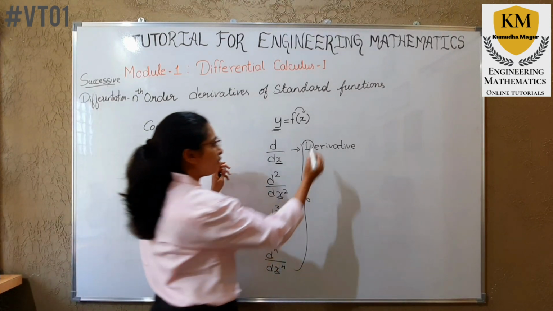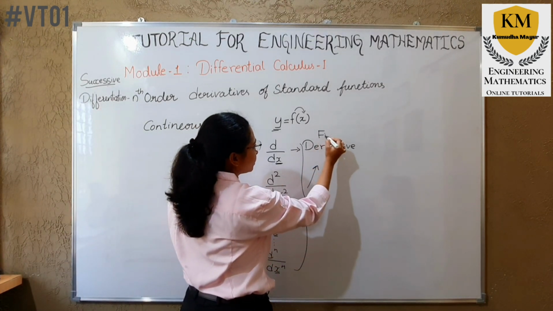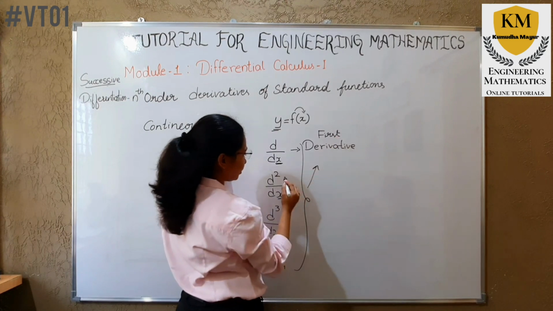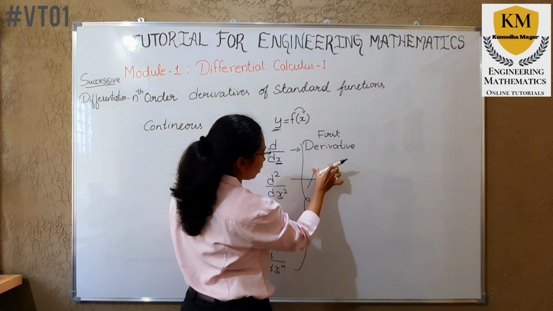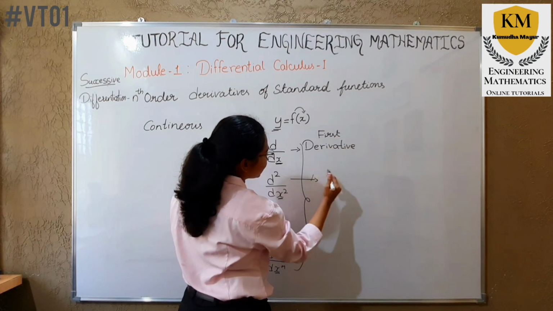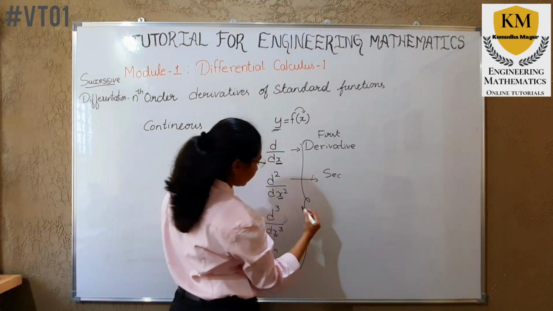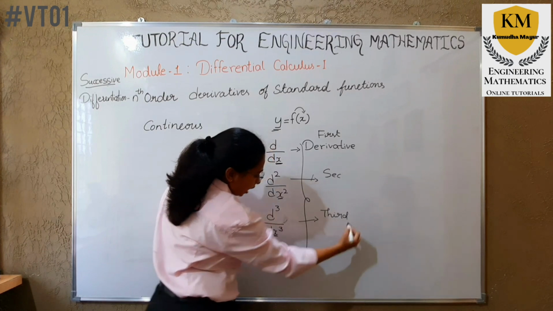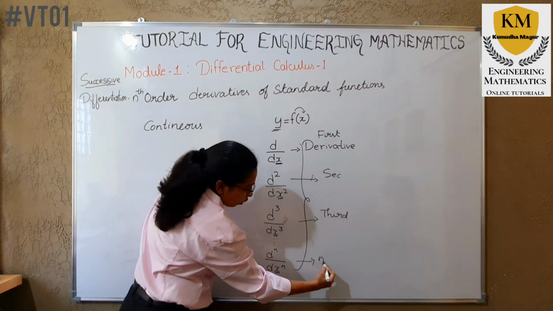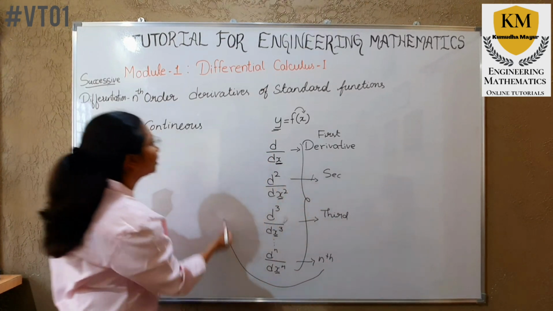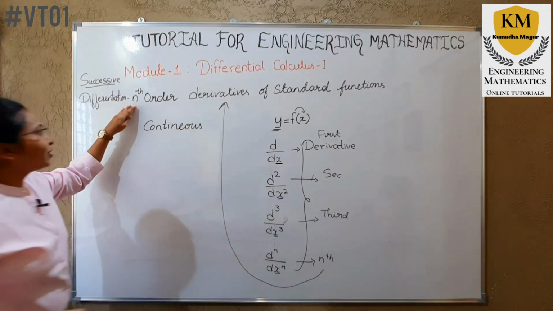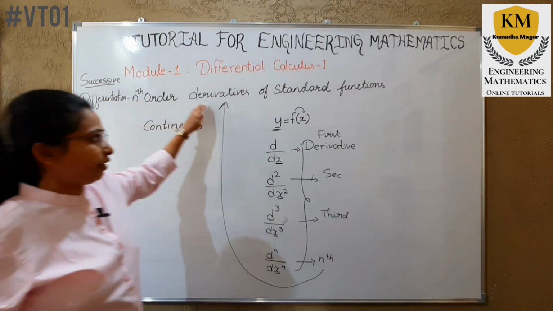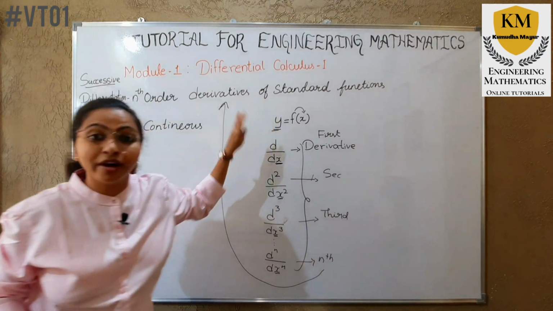This is called first derivative, whereas this is called second derivative. This is called third derivative. And at last, this is called nth derivative. So our topic is nth order derivative of standard functions.